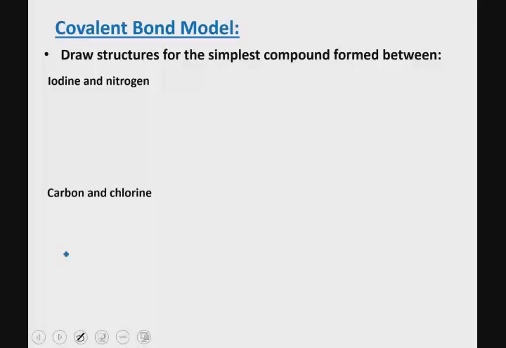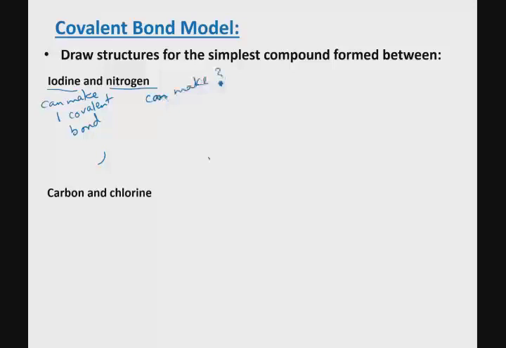When you do come back, hopefully you realize that iodine has 7 valence electrons, so it can make 1 covalent bond, whereas nitrogen is in group 5A, and it needs 3 more electrons to satisfy the octet rule, so it can make 3 covalent bonds.